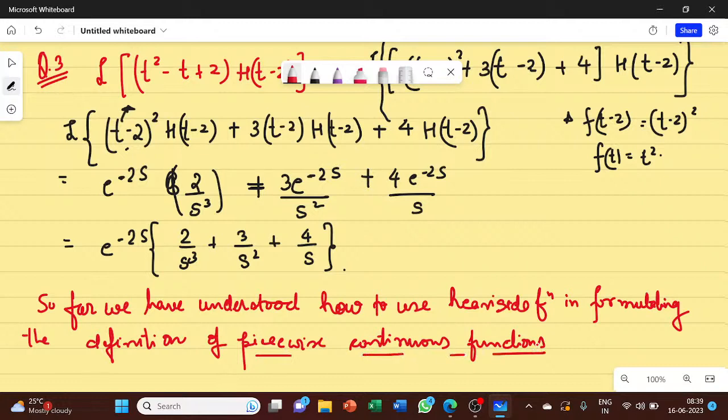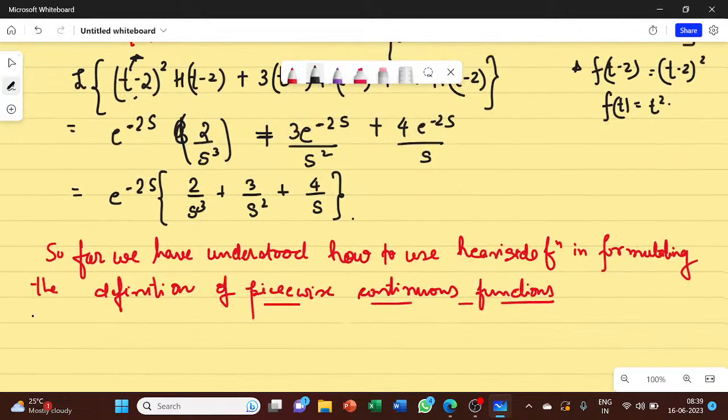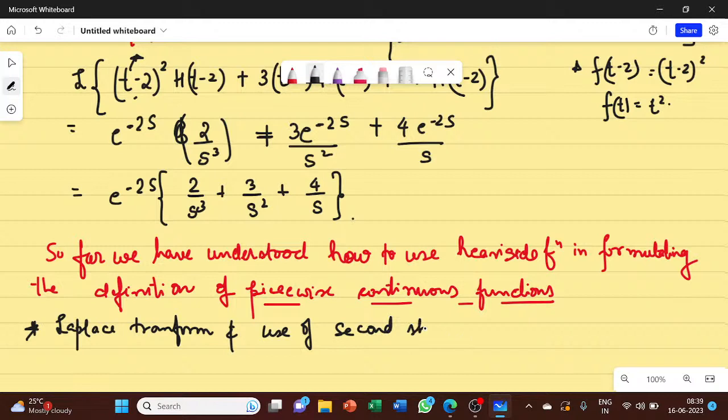And then we have taken the Laplace transform using the second shifting theorem. And also we have done how to find Laplace transform and use of the second shifting theorem. This is what is our learning till now. Okay, so how to use the second shifting theorem, this we have done.